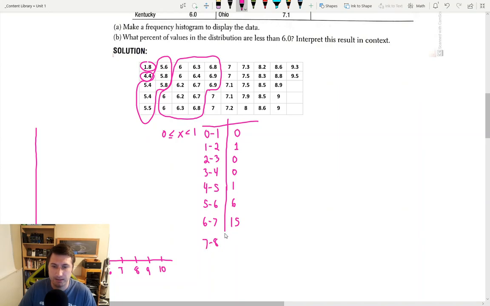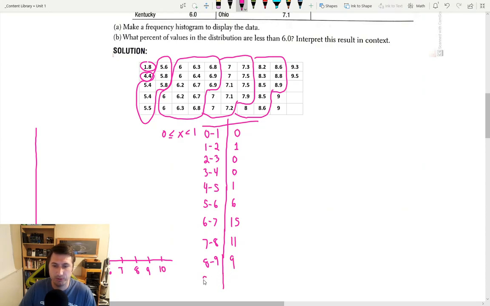7 to 8, all the way up to here. So 5, 6, 7, 8, 9, 10, 11. 8 to 9, all the way up to here. So 5, 6, 7, 8, 9 as well there.